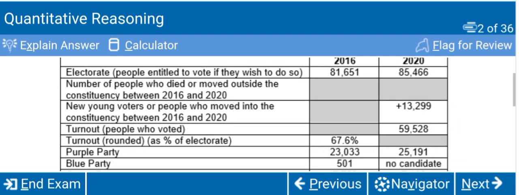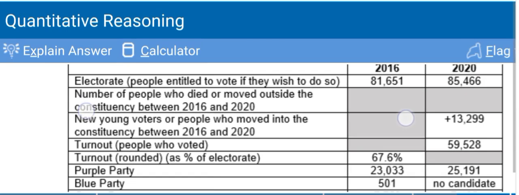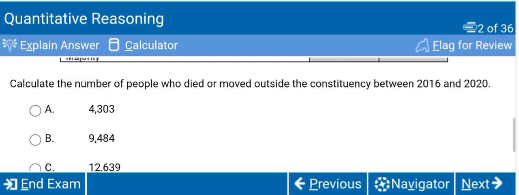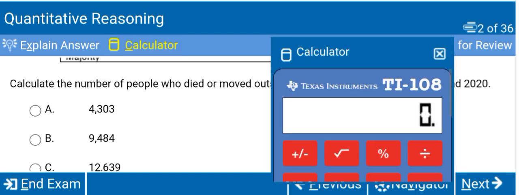Here you can see the people who died or moved, and from there you can calculate your values using the calculator. We have a calculator here which you can use.